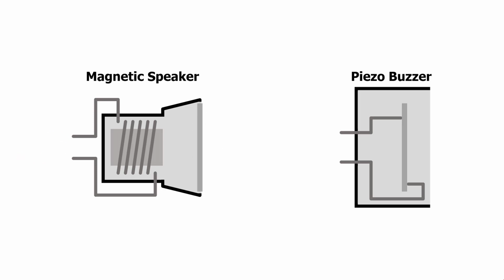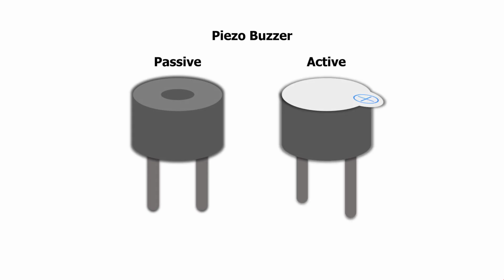Piezo buzzers, on the other hand, work off the principle of the piezoelectric effect. When alternating electricity is applied directly to a piezoelectric material, such as a ceramic disc, it also creates vibrations and thus sound. There are two types of piezo buzzers, passive ones and active ones.